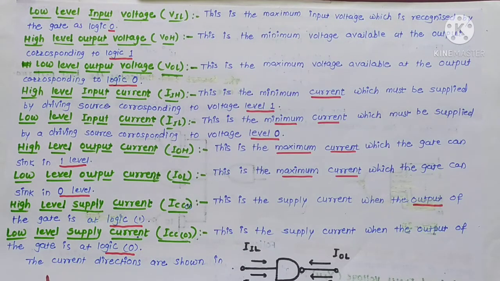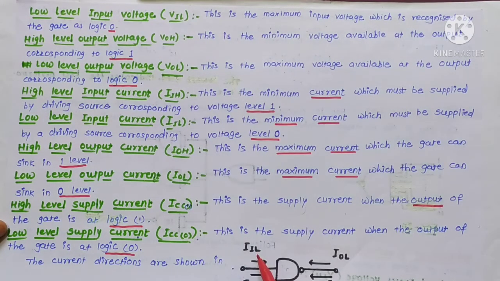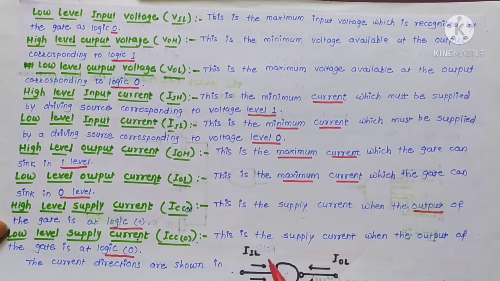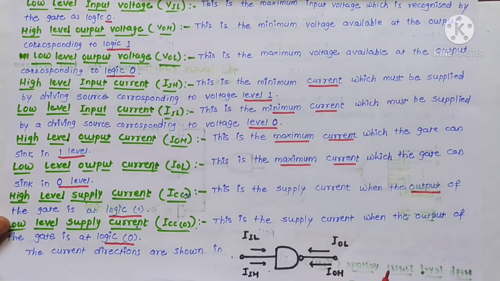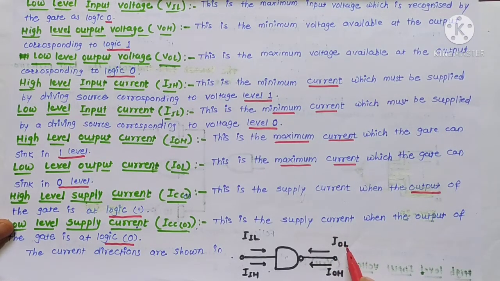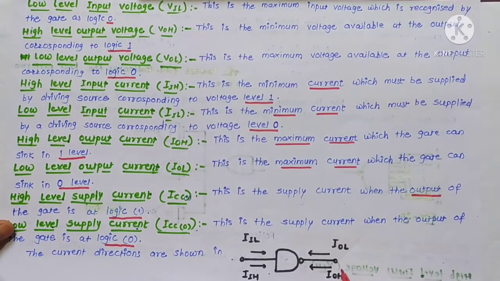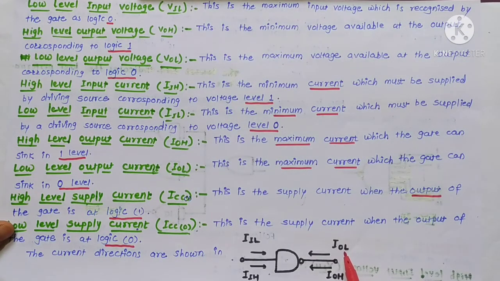Okay. So therefore the current directions are shown in this diagram. You can see this IIL, IIH, and here the output IOL and IOH. Here this IOL represents the maximum current in which the gate can sink in the logic 0 level, but IOH, it is the maximum current in which the gate can sink in the logic 1 level.